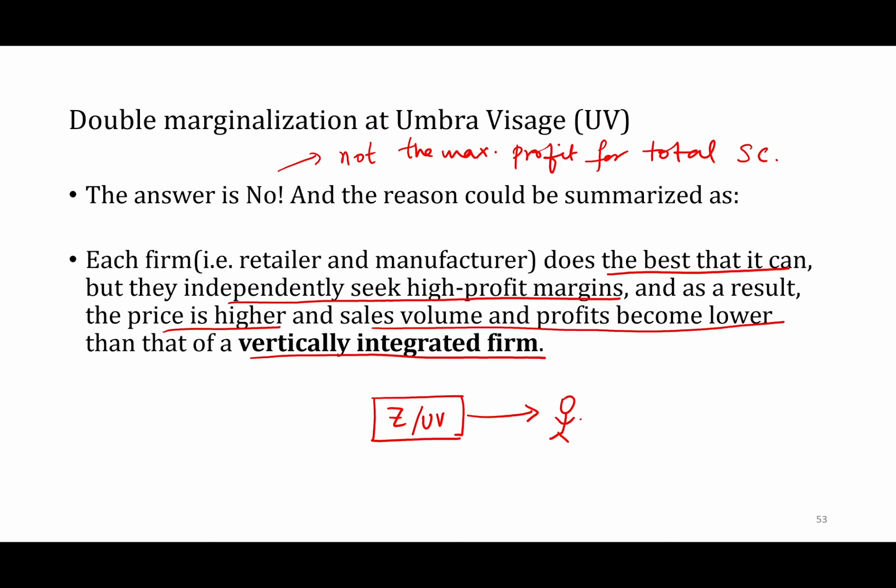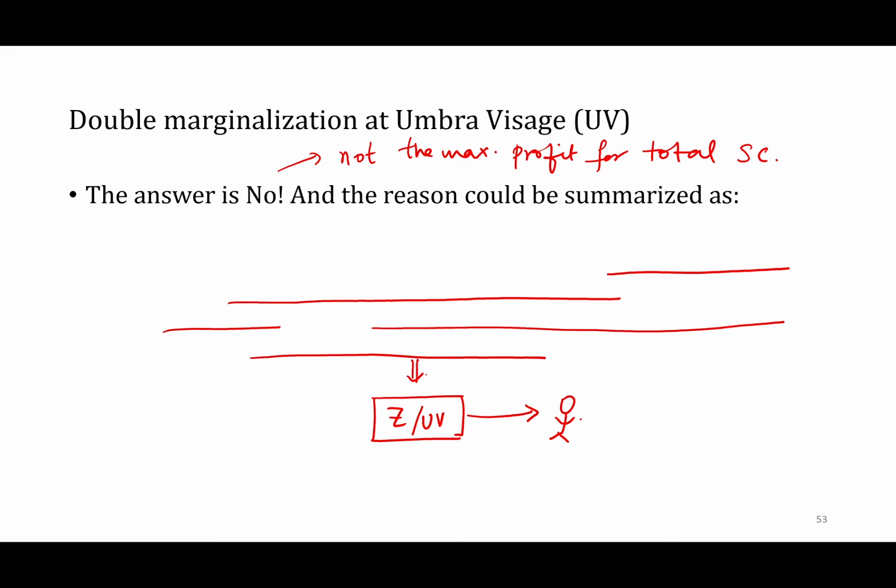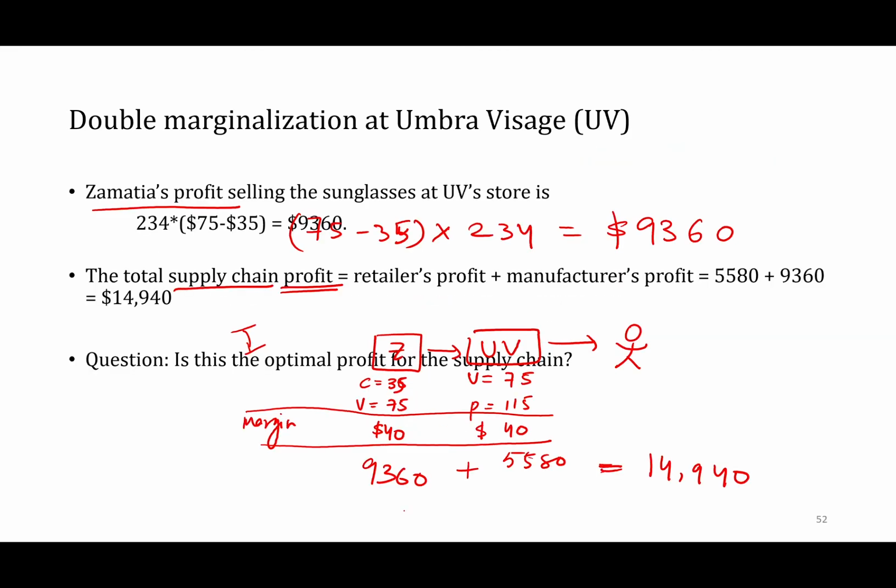Then it turns out that for this vertically integrated firm, the profits are going to be higher than in this case where they're independent of each other, acting independently.